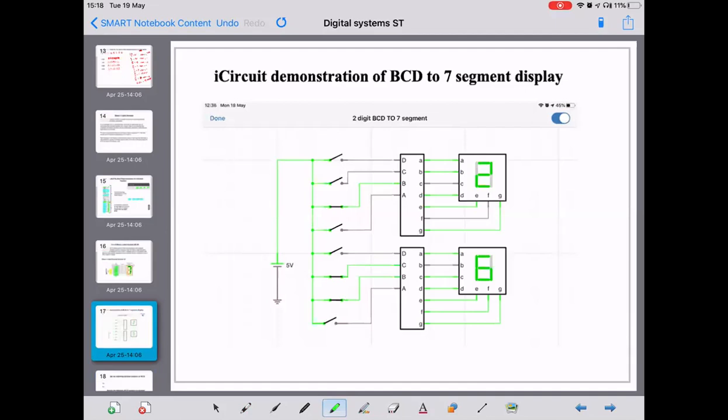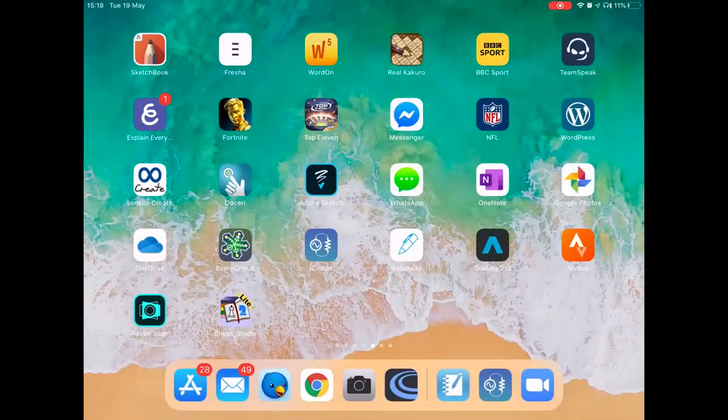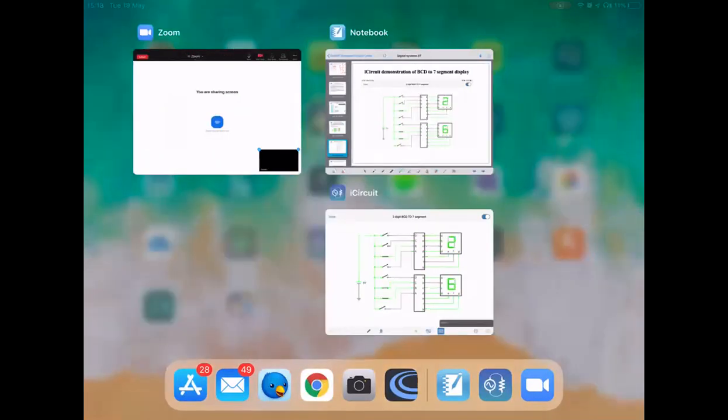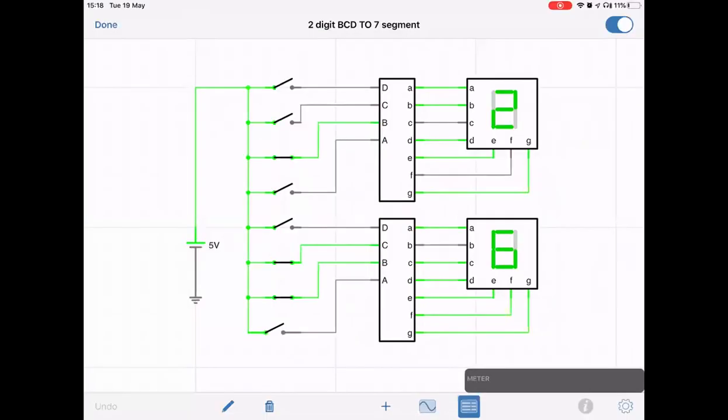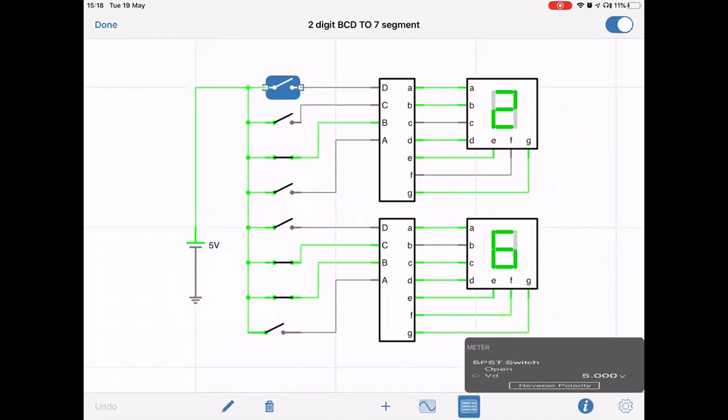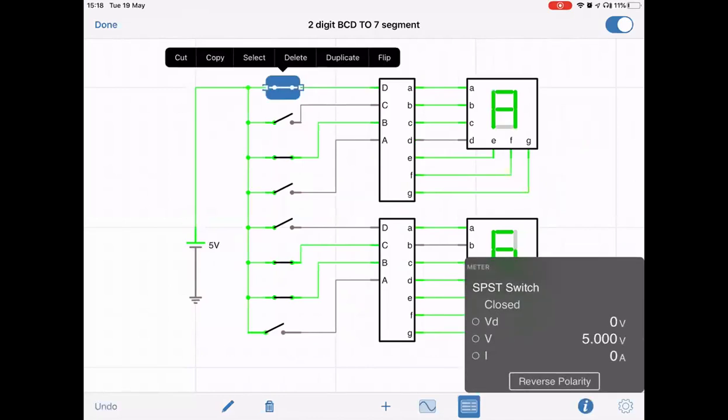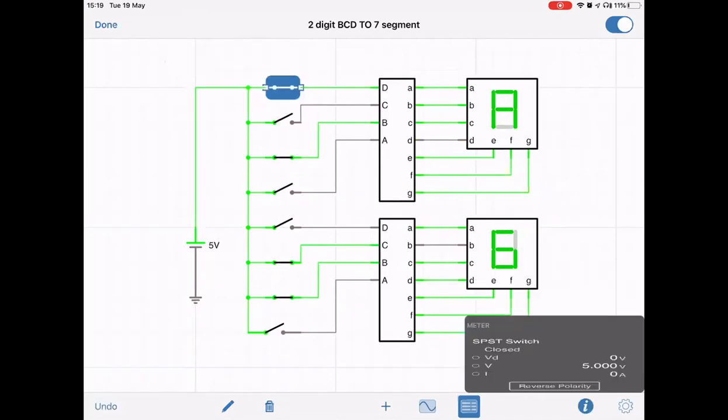So I'm just going to share that with you now. So that's currently turned on, and if I operate these switches, you can see that the display on this system is going to go hexadecimal.